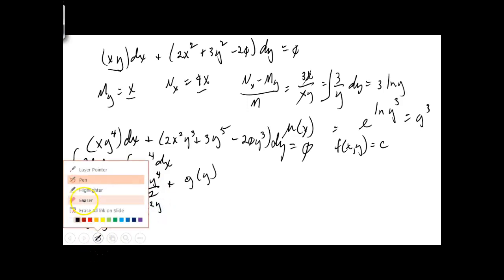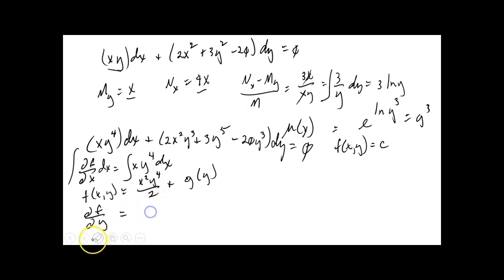Let me get it looking a little bit better. 2x squared y cubed plus g prime of y, or dg dy. Now, what had this better be equal to? That, our N. Well, the first term's perfect.